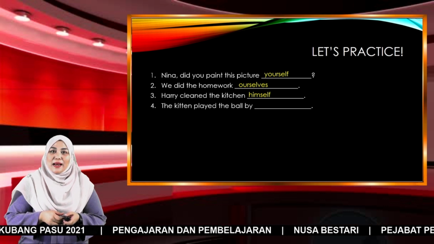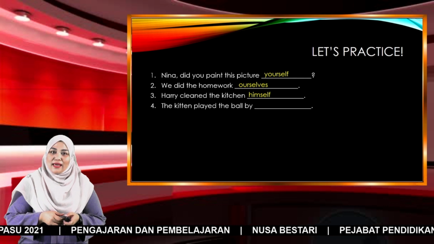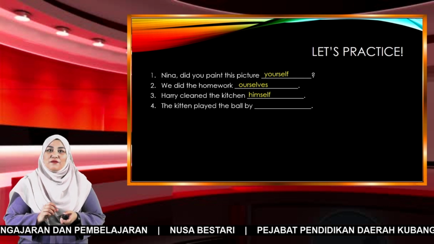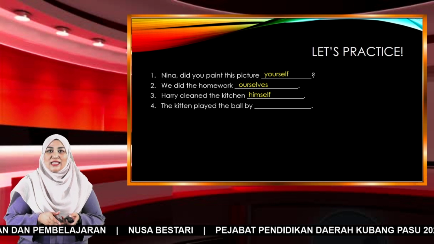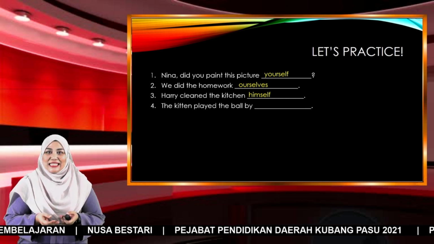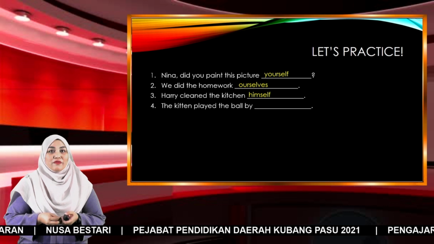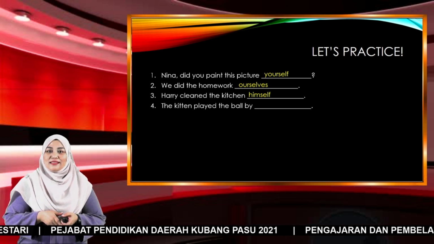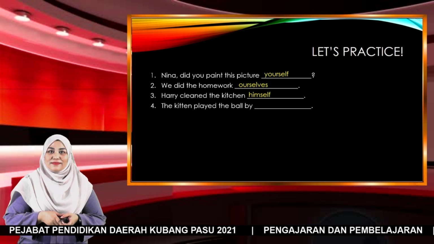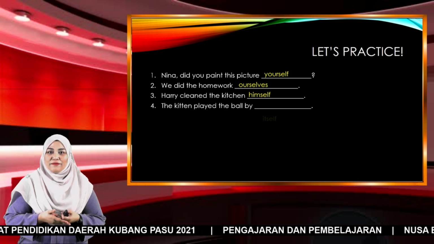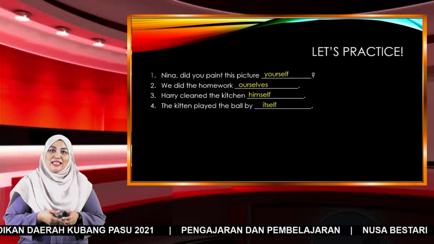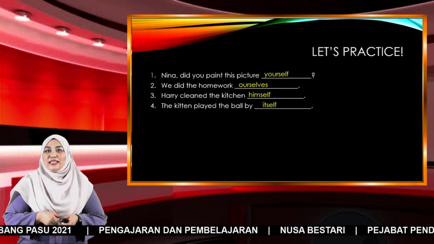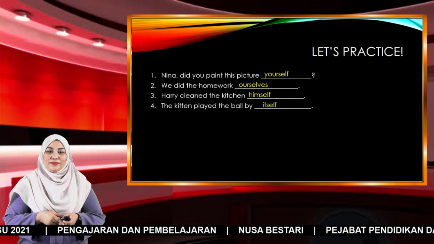The kitten played the ball by. The kitten is an animal, and because we don't know the gender, we use it as the personal pronoun. Now, the reflexive pronoun for it is itself, I-T-S-E-L-F. Itself.